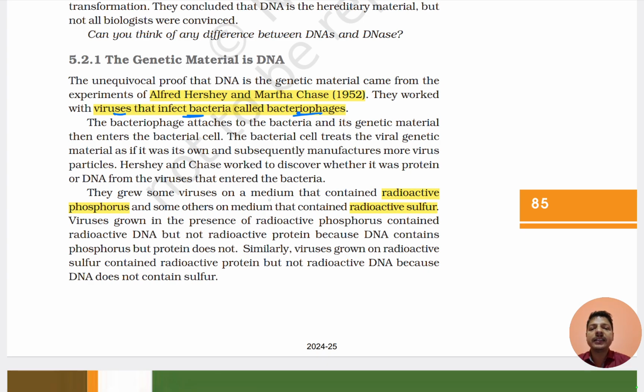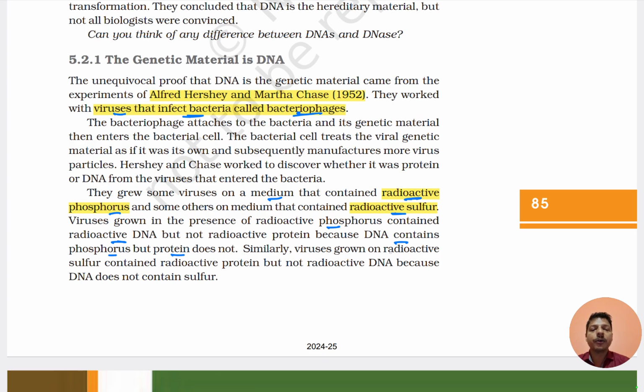They grew some viruses on a medium containing radioactive phosphorus and others on a medium containing radioactive sulfur. Viruses grown in the presence of radioactive phosphorus contain radioactive DNA but not radioactive proteins, because DNA contains phosphorus, but proteins do not contain phosphorus.